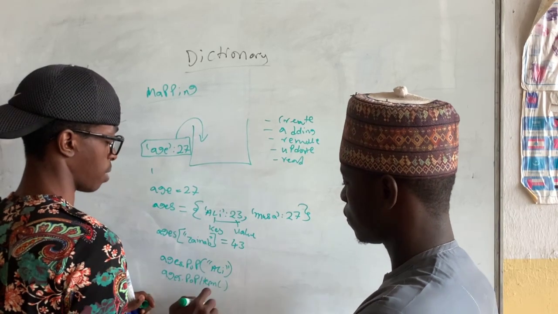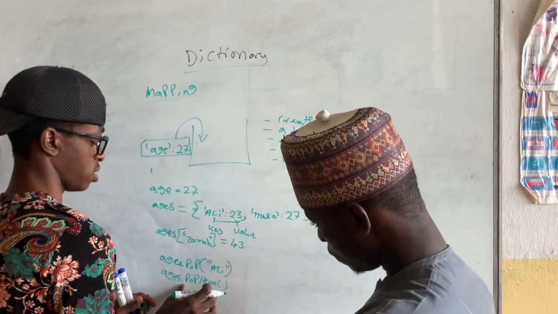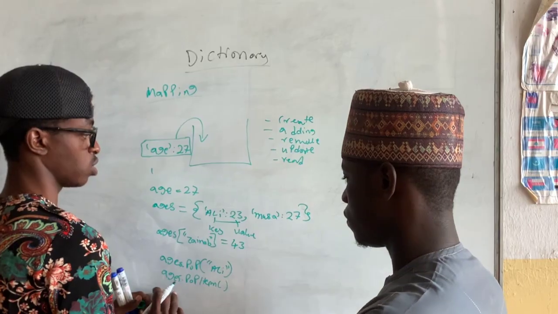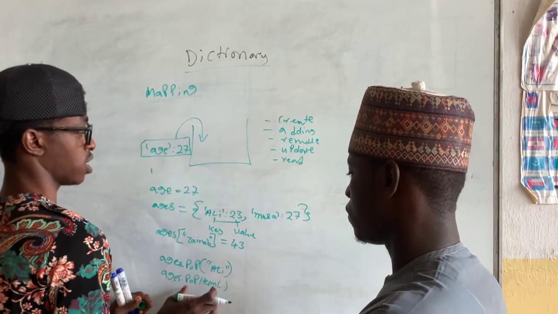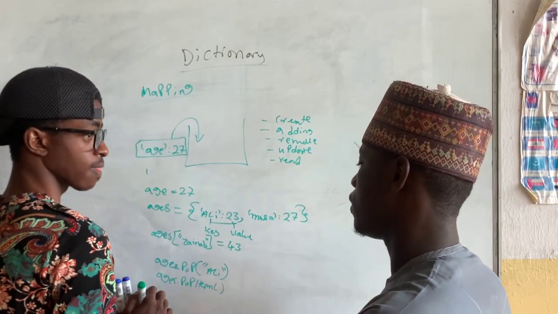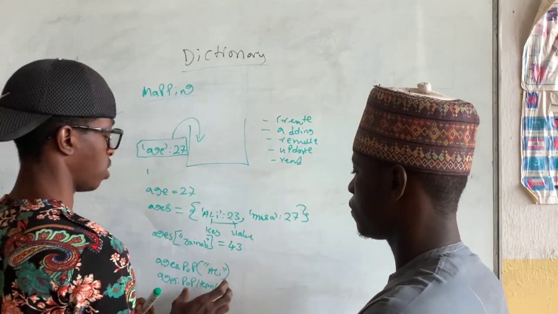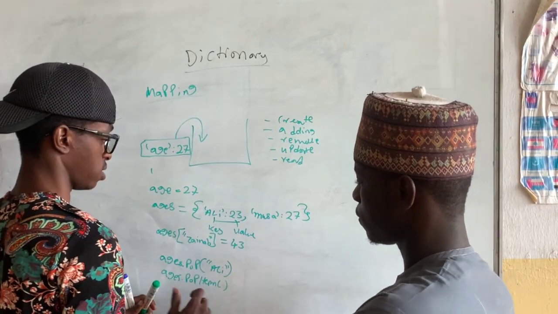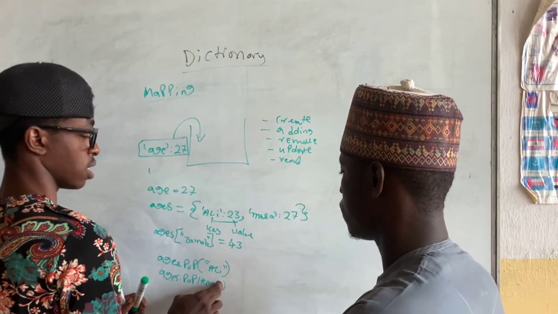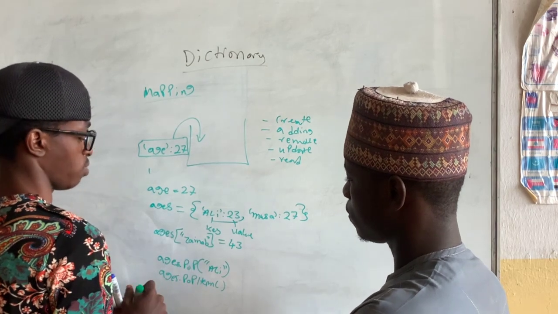When you say ages dot popitem, you don't need to give it a key. You just call ages dot popitem. Do you understand? It will just remove whatever comes last, or I'd say randomly, like in a set where we used to remove randomly. You can look at it that way. It just removes anyone that comes. You don't have to give it an argument, it just pops randomly. So now we see how we remove, right?